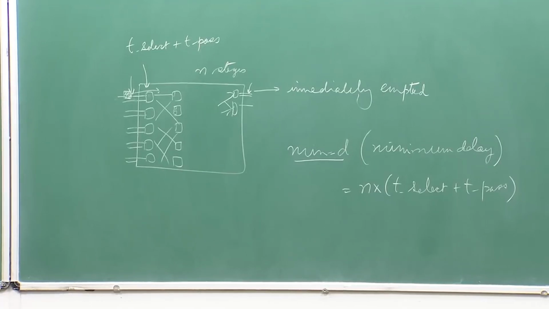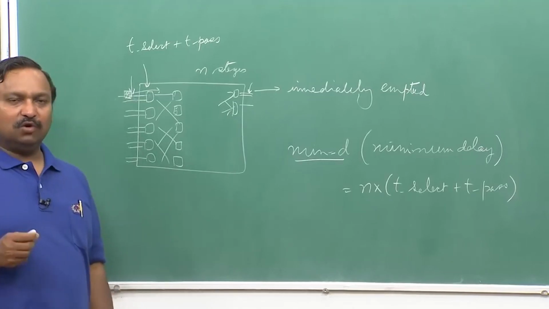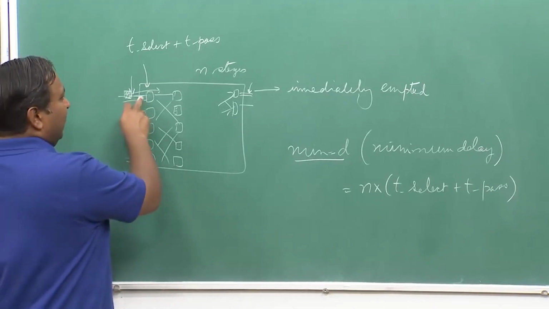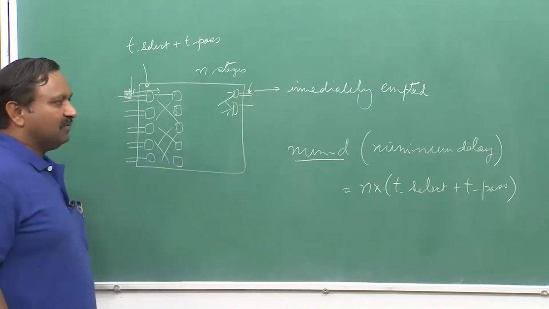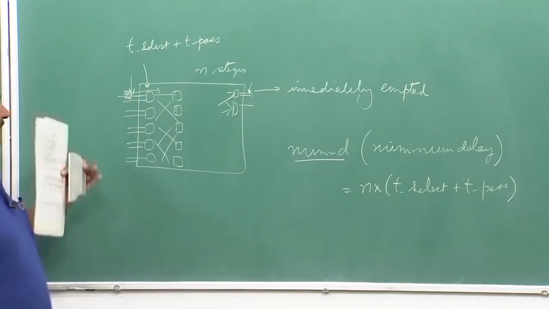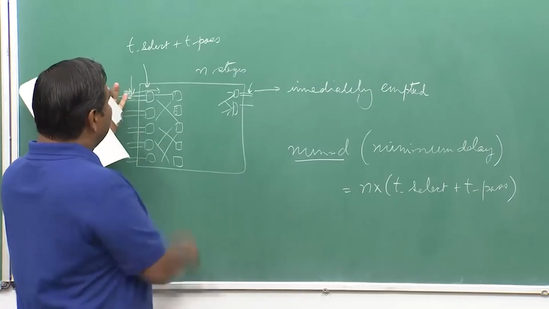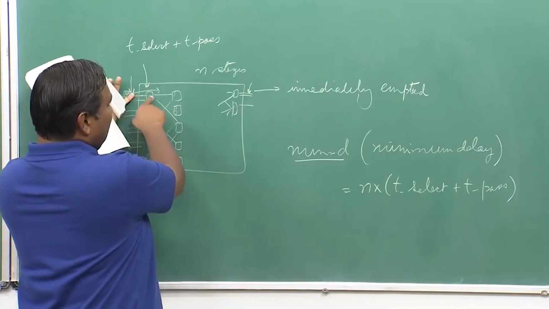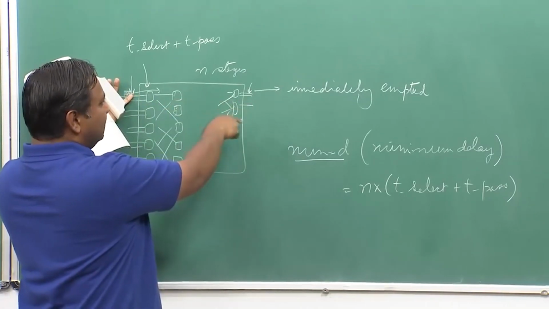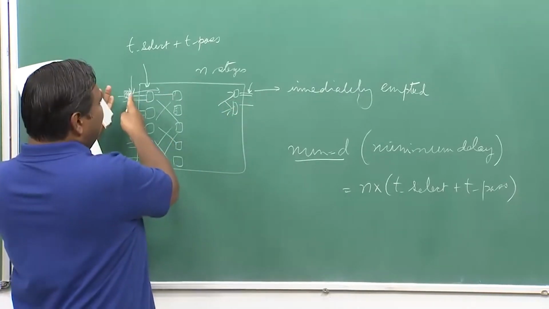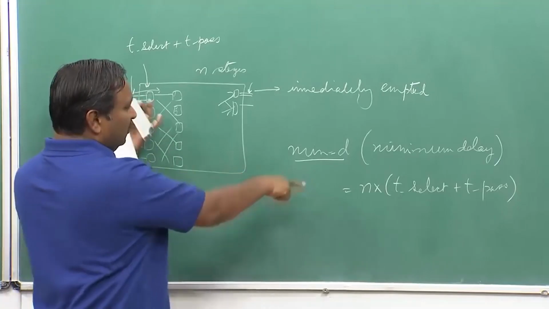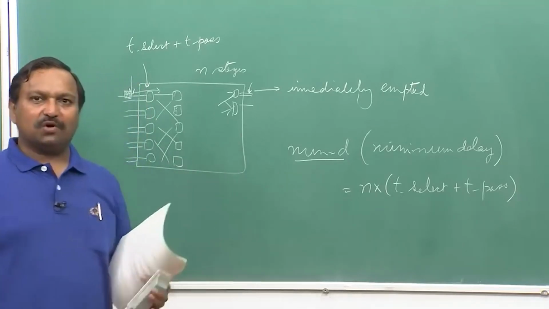So, when there is no buffering, what is going to happen? The packet cannot be buffered, it has to come and be routed all through in one single stage. So, in fact, the selection will be done here itself at the input for all the packets, all the stages, all of them will be connected in one single go, and then the packet will be transferred all the way from input to output in one single shot.